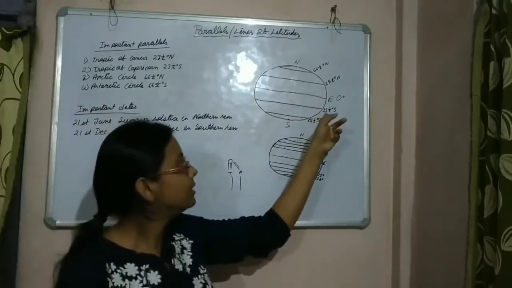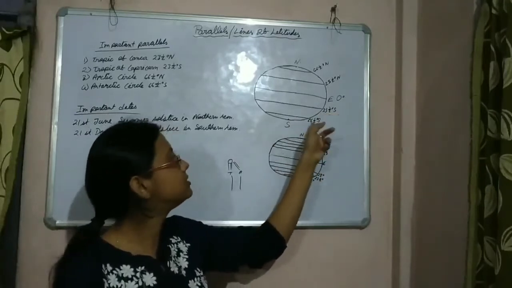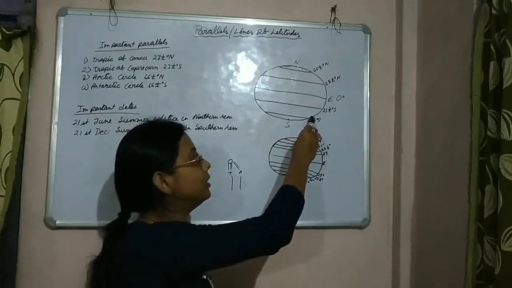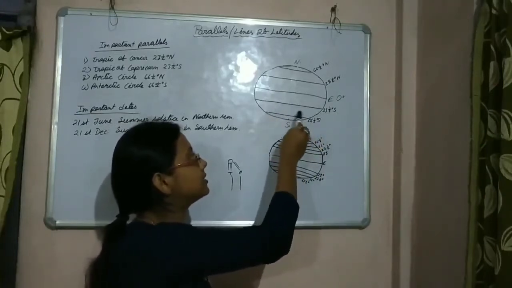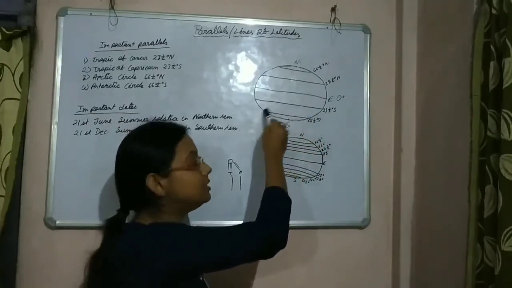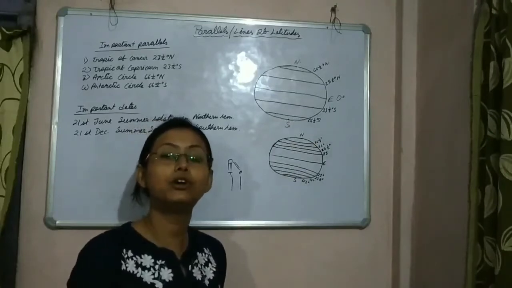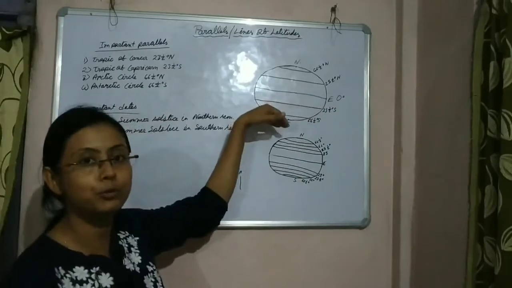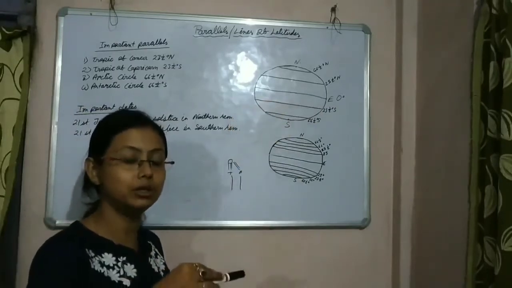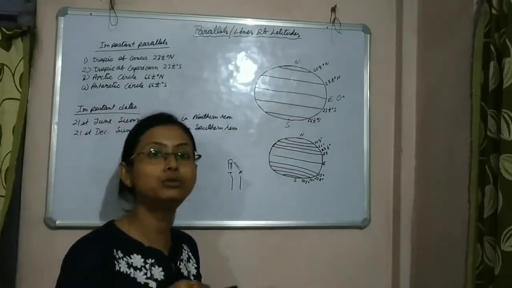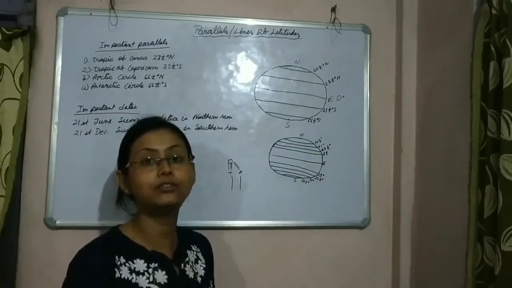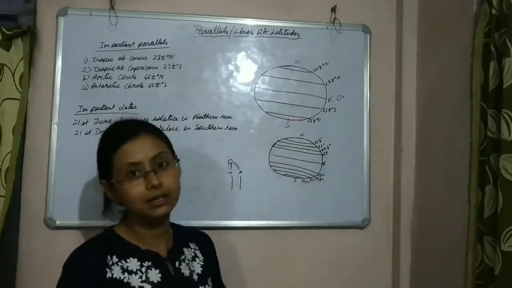And thus, on this day, at 66.5 degree S latitude, this is the Antarctic Circle. On this circle, the sun remains for the entire 24 hours. And as we move towards the South Pole, the length of the days continues to increase, and ultimately the 6-month long period of days starts in the South Pole.